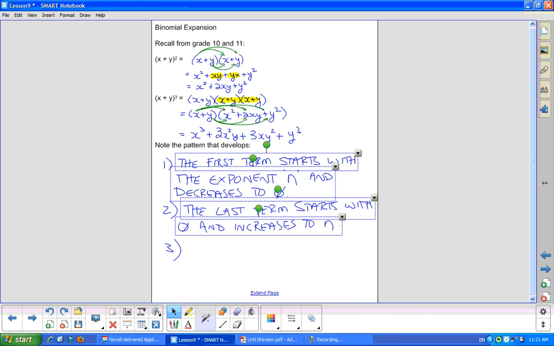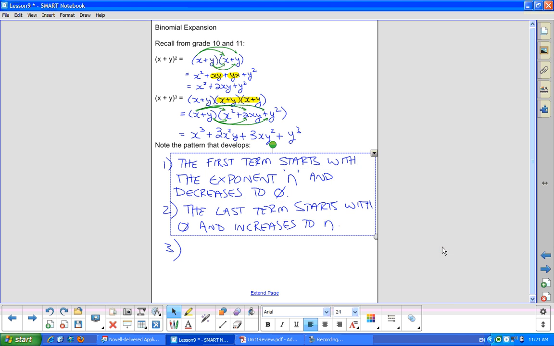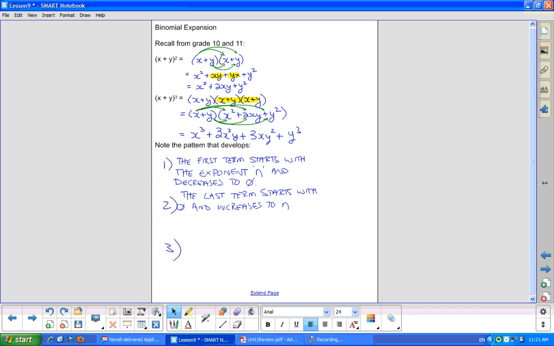The third thing I want you to notice from above, if we look at those terms in terms of Pascal's triangle, I'll take my highlighter out here, the coefficients, a 1, a 2, and a 1. A 1, a 3, a 3, and a 1. So 1, 2, 1, 1, 3, 3, 1.